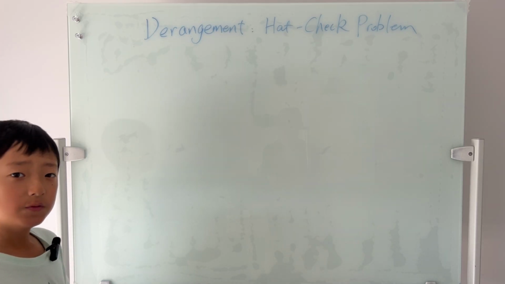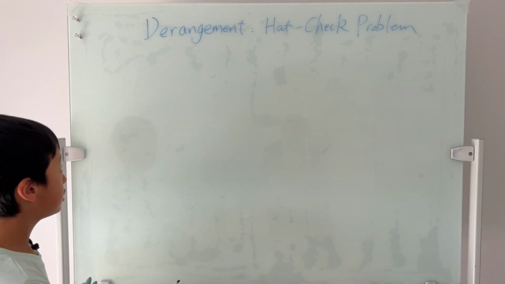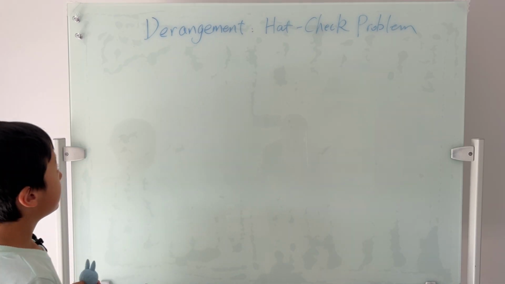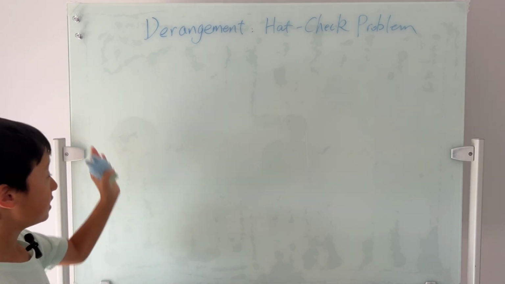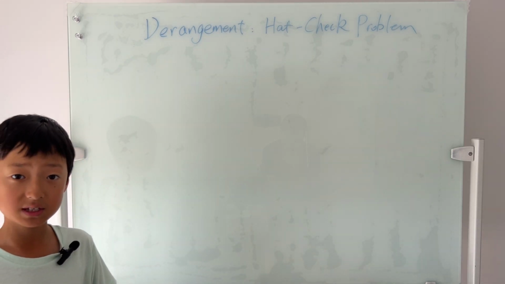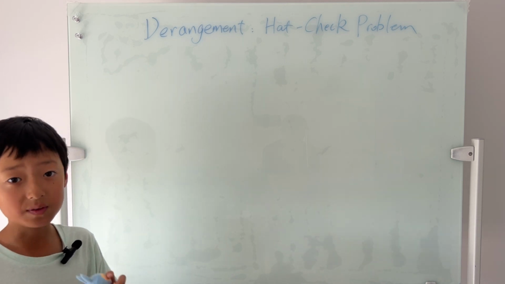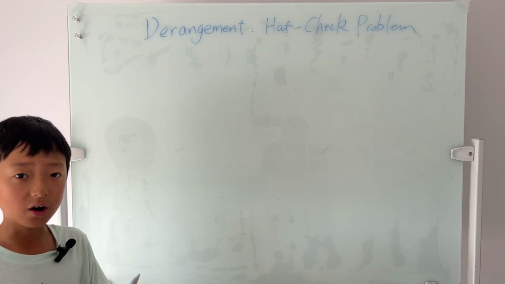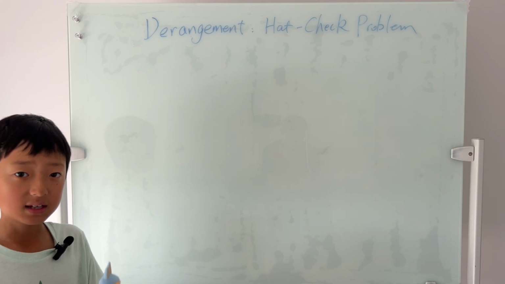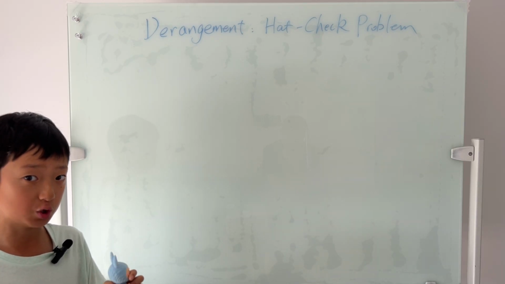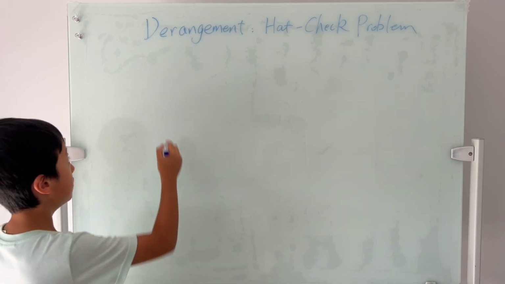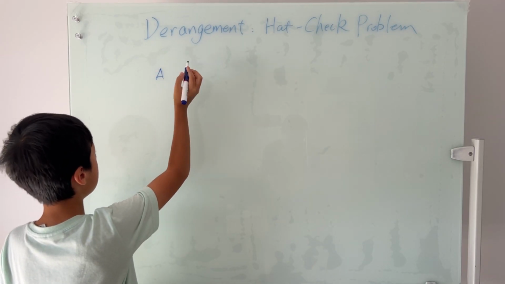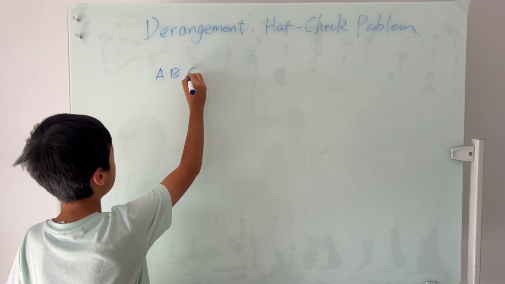To prove the recurrence formula, I'm first going to say that a derangement is a permutation of a set of elements where each element doesn't stay in its original position. For example, let's find a derangement of ABC.